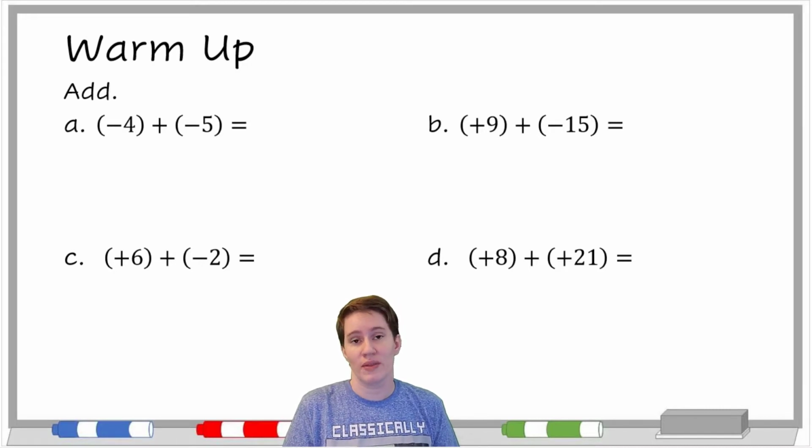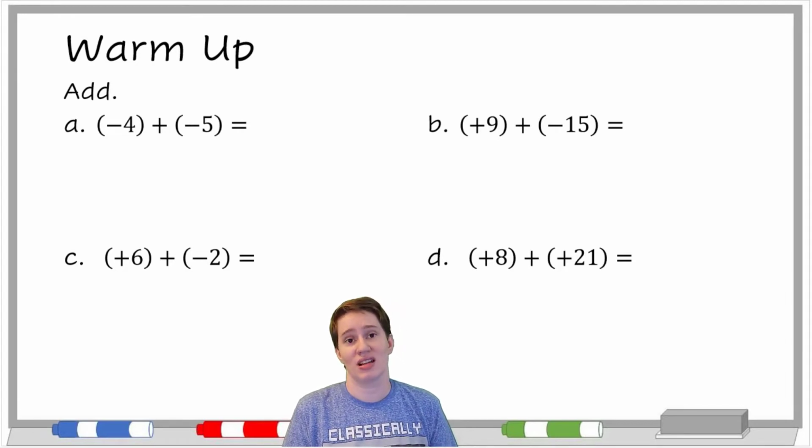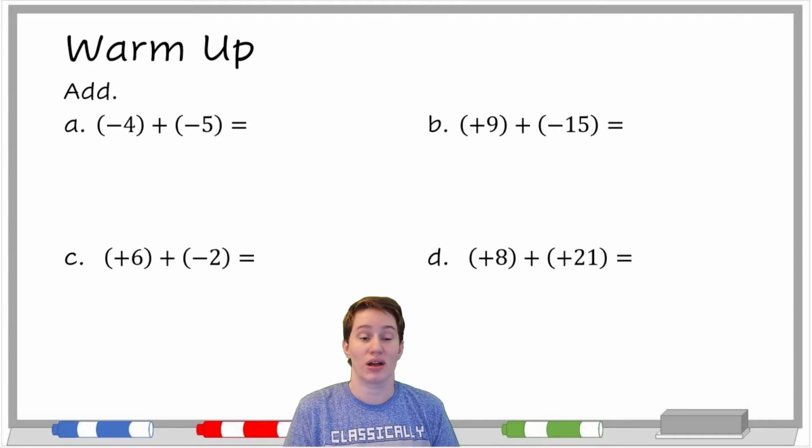And the reason we're doing this is because our lesson today, subtracting negative numbers, is very much tied into the rules we use for adding positives and negatives. So it's going to be helpful to make sure that we're all on the same page with how adding works, so that when we add subtraction into the mix, we have a good foundation to start from.